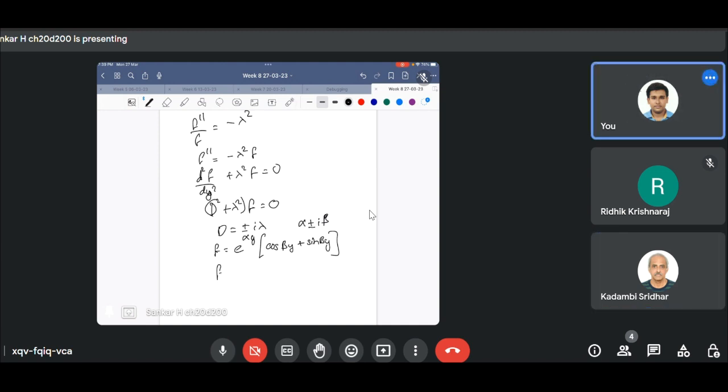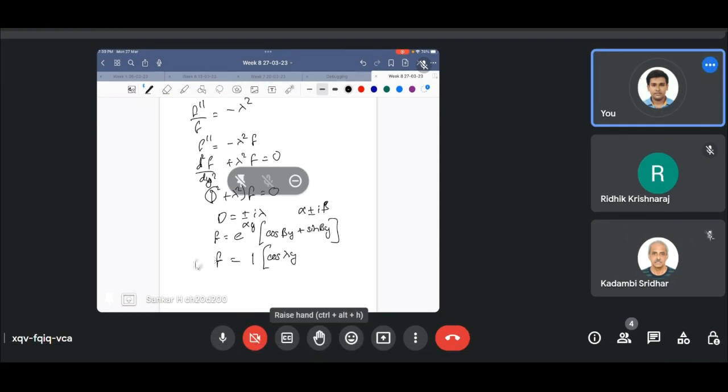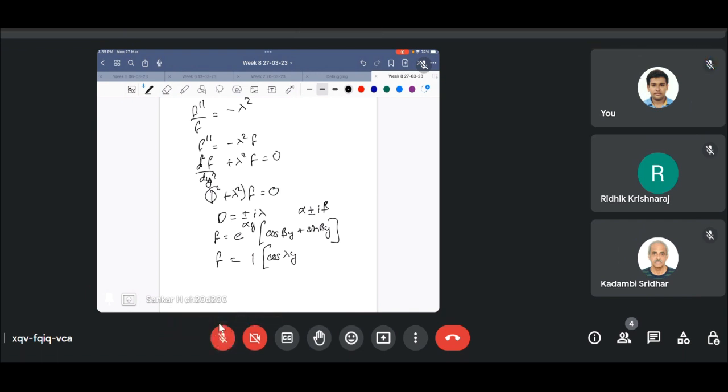Therefore, what is alpha here? Alpha is 0 here. So e raised to 0 times y should be 1, and beta here is lambda. Therefore, I'll get cos lambda y plus sin lambda y.